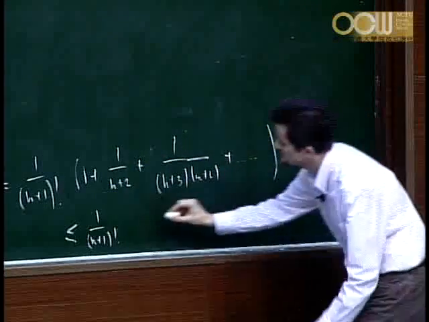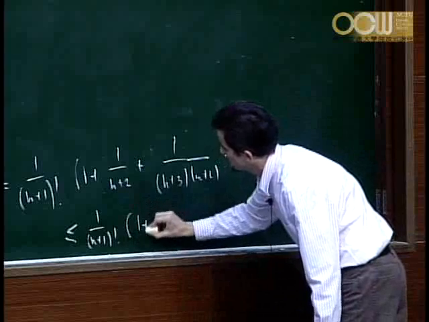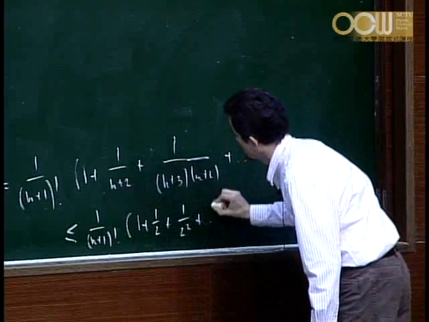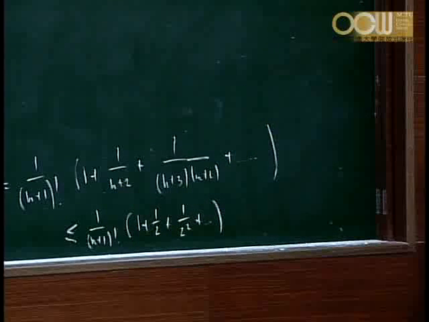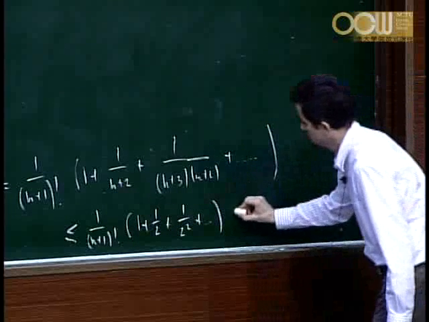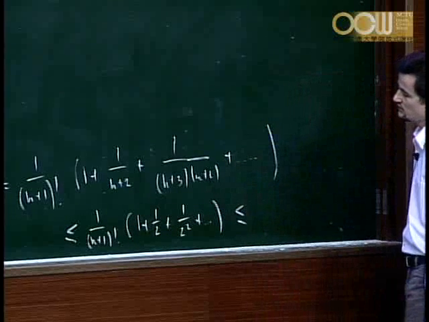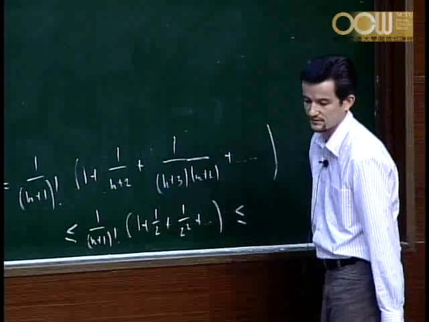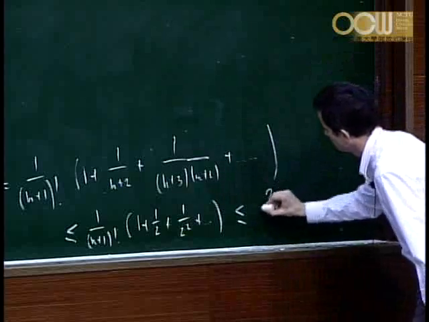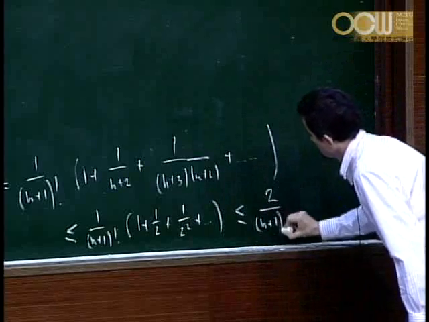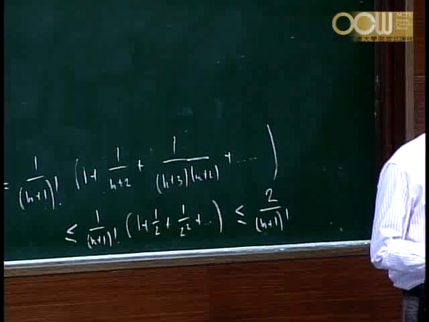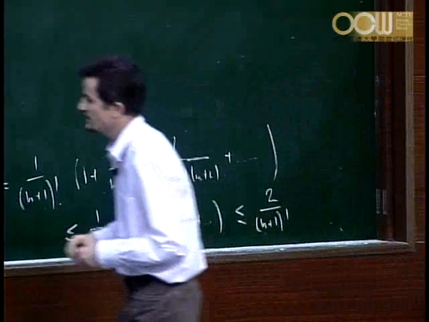So you see that this is smaller or equal than 1 plus 1/2 plus 1 over 2 squared plus, and so on. And if I compute this now, the sum here is 1 over 1 minus 1/2, which is 2. So you see, we have this chain of inequalities.